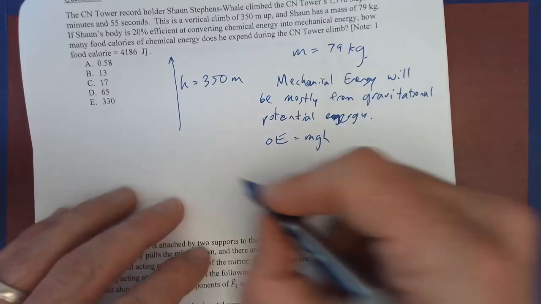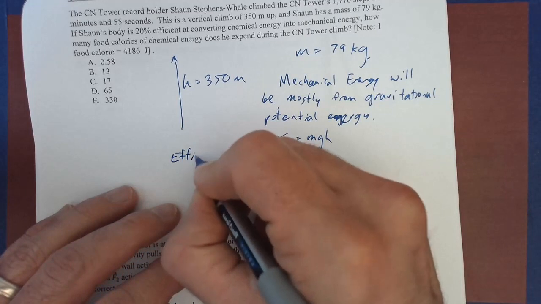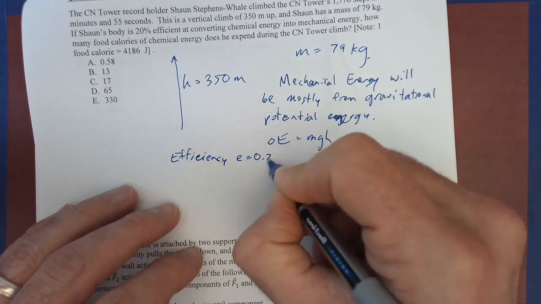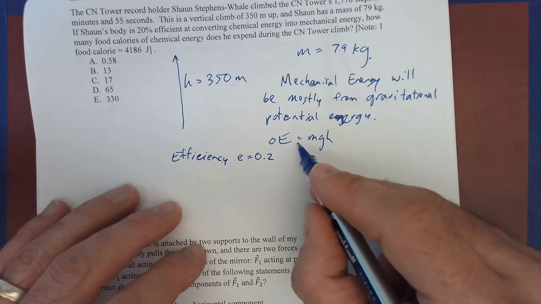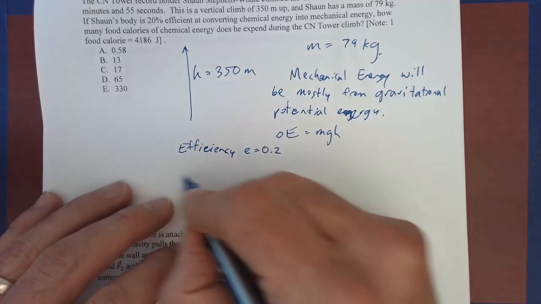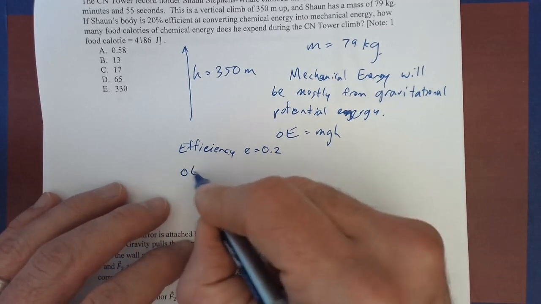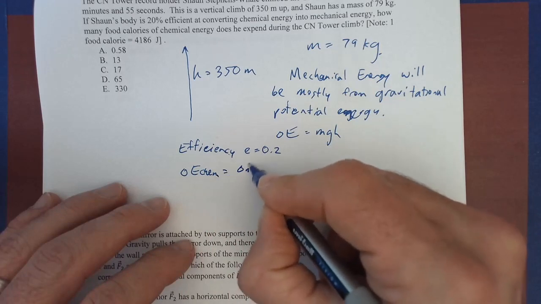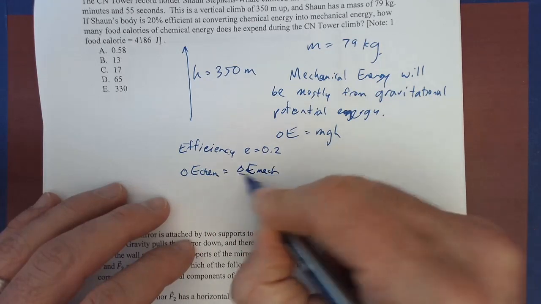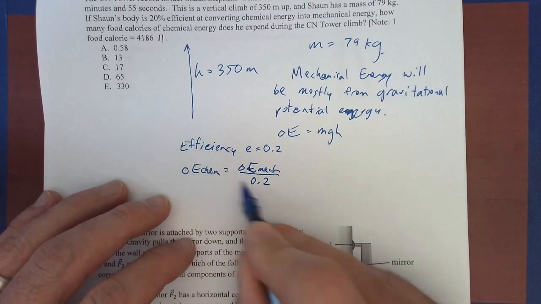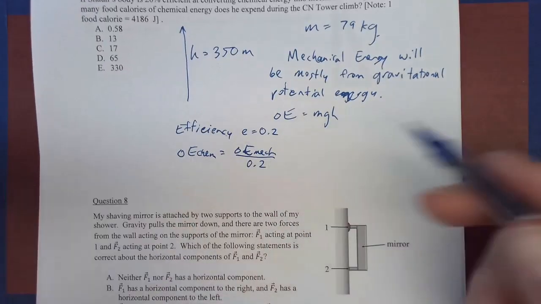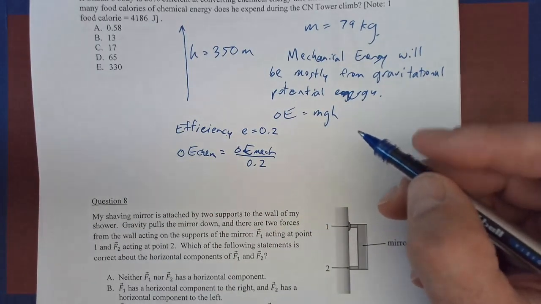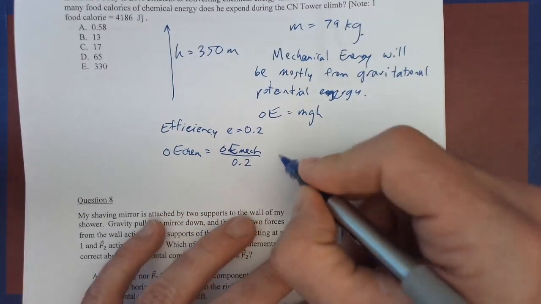And then efficiency of converting chemical energy, 0.2, to mechanical energy, means that the chemical energy is actually going to be the mechanical energy, delta E mech, divided by the 0.2. It's going to take more chemical energy to get that much mechanical energy, because it's only 20% efficient to, I guess, convert the chemicals in your stomach into actual action from your legs.